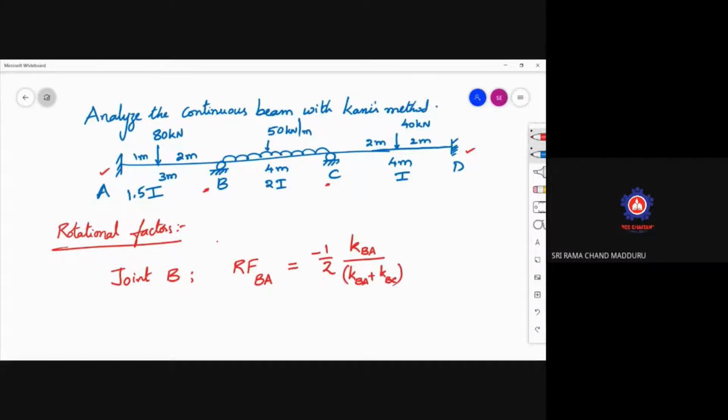So at joint B, there are two members meeting, BA and BC. So you can remember this is minus half of KBA. KBA is 1.5 I by 3. Remember here, the far end is fixed only, so it is I by L only. This is I by L only.